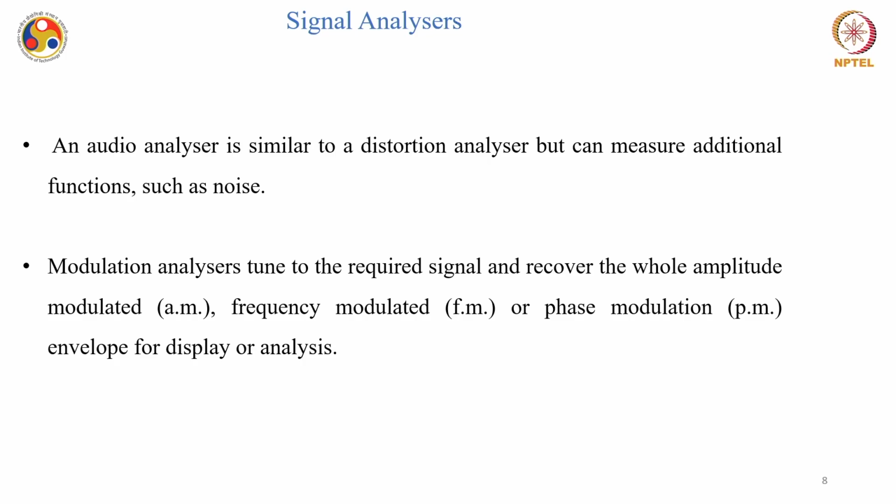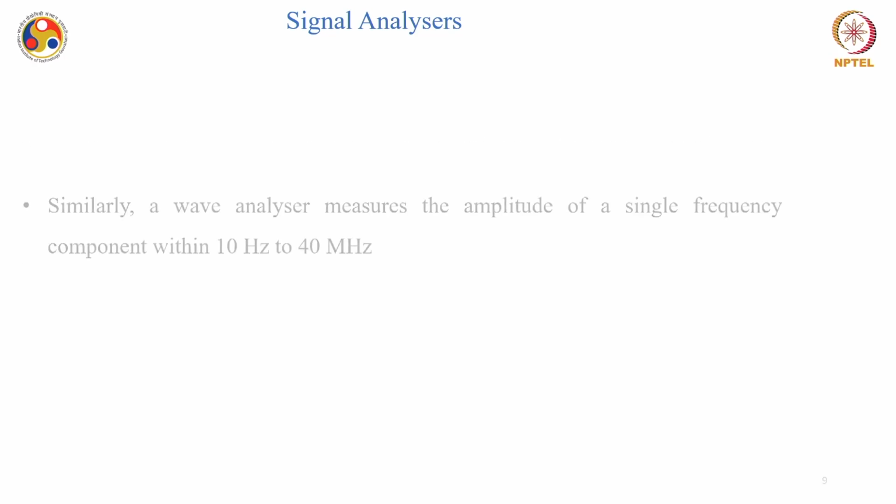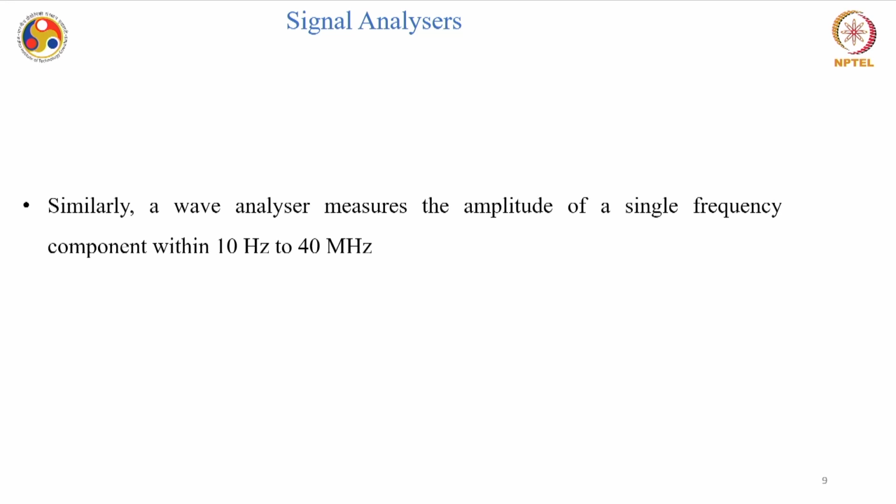A modulation analyzer tunes to the required signal and recovers the whole amplitude modulated, frequency modulated or even phase modulation envelope for display and further analysis. Similarly, a wave analyzer measures the amplitude of a single frequency component in the range of 10 Hertz to as high as 40 megahertz.